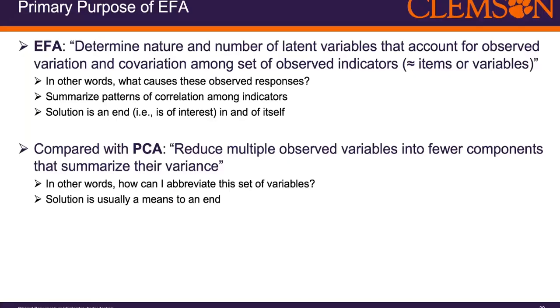Whereas the solution is a means to an end. So in principal components analysis, we want to reduce the number of variables and use those in something else. Whereas in exploratory factor analysis, we really want to understand what those new variables mean. We want to have those take on more meaning in themselves. Those would be, for instance, latent variables or traits that a person might have.